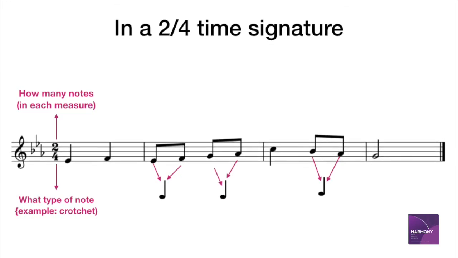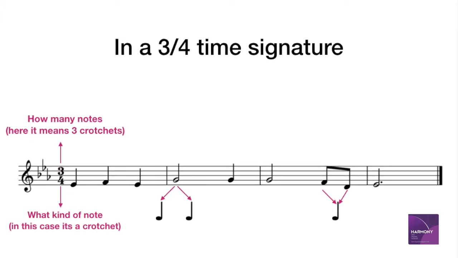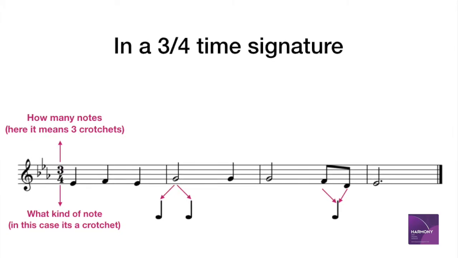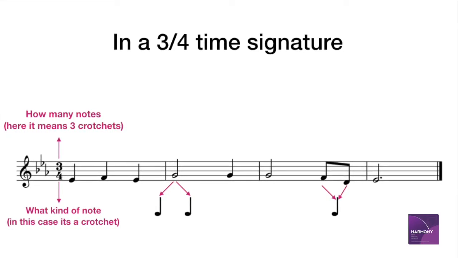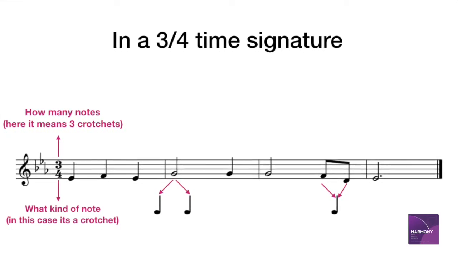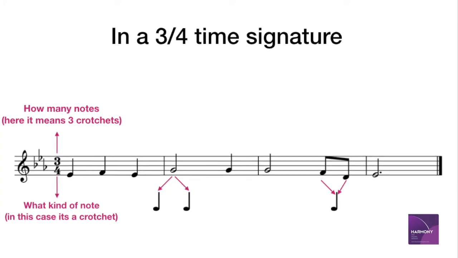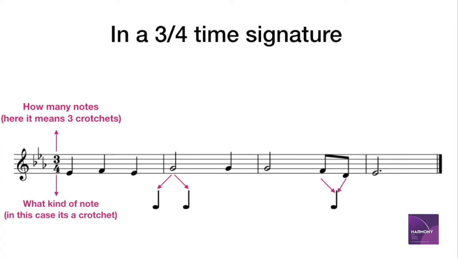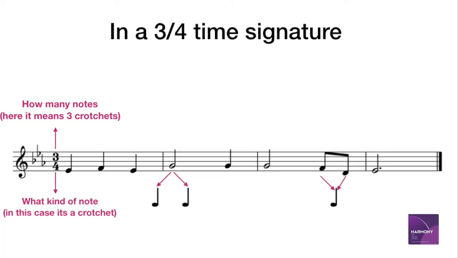Time signature indicates. If we look at a 3/4, it simply means that I will now have 3 quarter notes in each measure, or anything equal to 3 quarter notes in each measure. 3 crotchets in each measure, or anything equal to 3 crotchets in each measure.